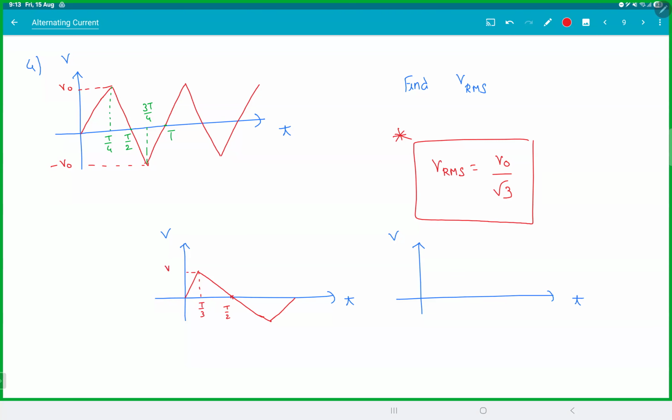Just make sure the peak values are the same. You can have a triangle like this. So all triangle functions will have the same VRMS. Just make sure this is V naught and this is minus V naught.